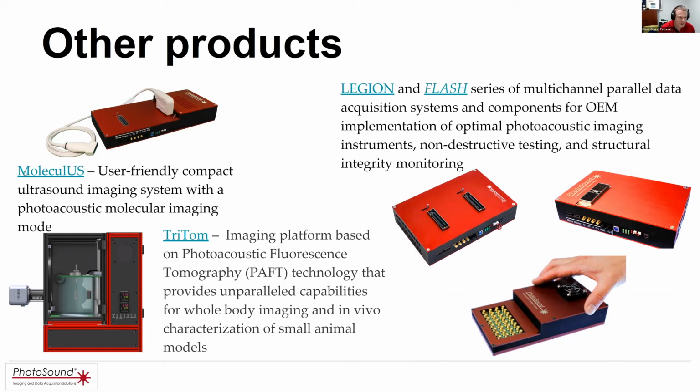So you have 128 channels that are switched between photoacoustic and ultrasound data acquisition. You have another 128 channels that are pure photoacoustic, that you can then take images with as well.